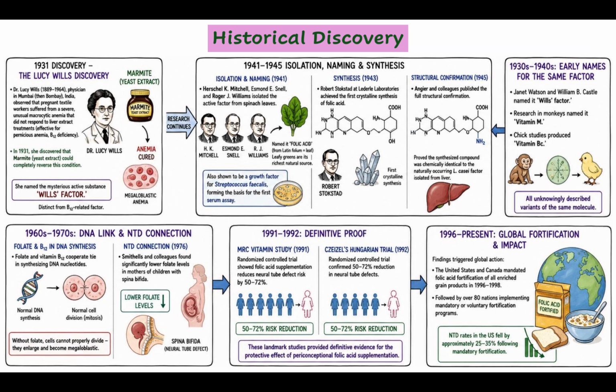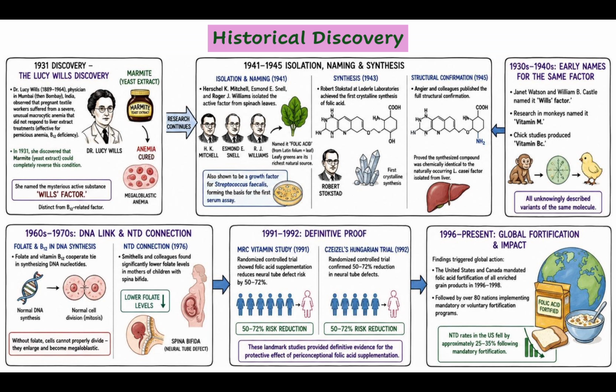In 1945, Angier and colleagues published the full structural confirmation, proving the synthesized compound was chemically identical to naturally occurring L. casei factor isolated from liver. Through the 1960s and 1970s, researchers elucidated how folate and vitamin B12 cooperate in synthesizing DNA nucleotides. Without folate, cells cannot properly divide; they enlarge and become megaloblastic rather than undergoing normal mitosis.